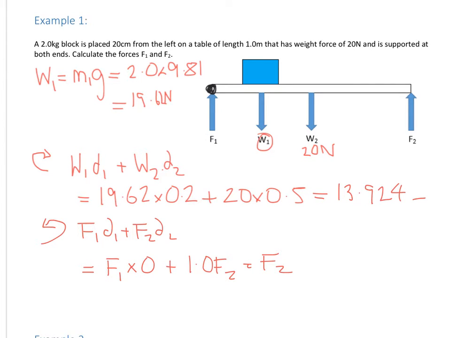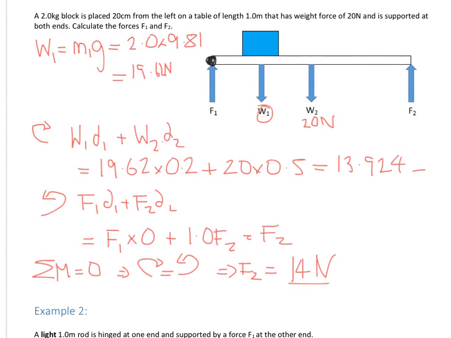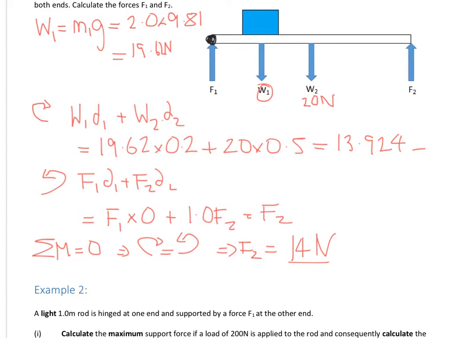Essentially, we can establish then that if it's in equilibrium, the sum of the moments would be equal to 0, which means that essentially clockwise is equal to anti-clockwise. So we get F2 is going to be 14 newtons, giving it to 2 significant figures. And if it's in equilibrium, we also know that F1 plus F2, which are the two forces acting up, must be equal to W1 plus W2.